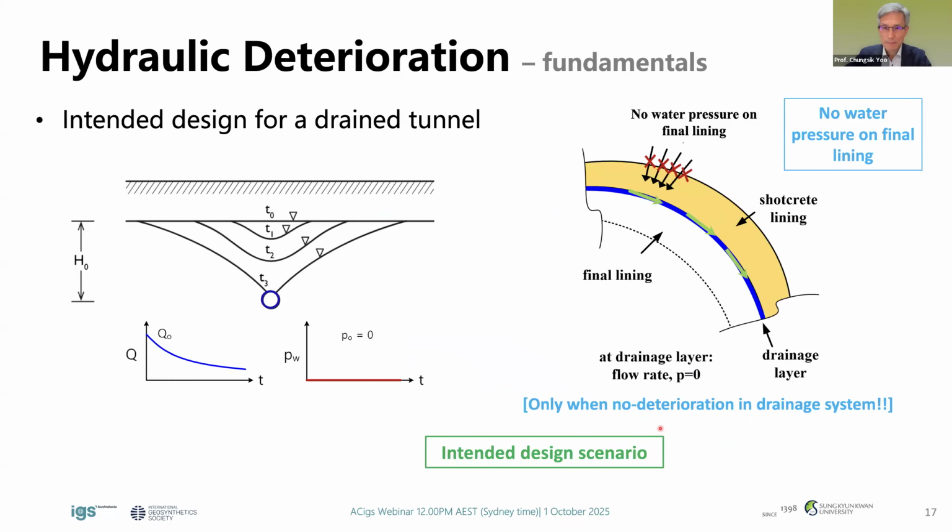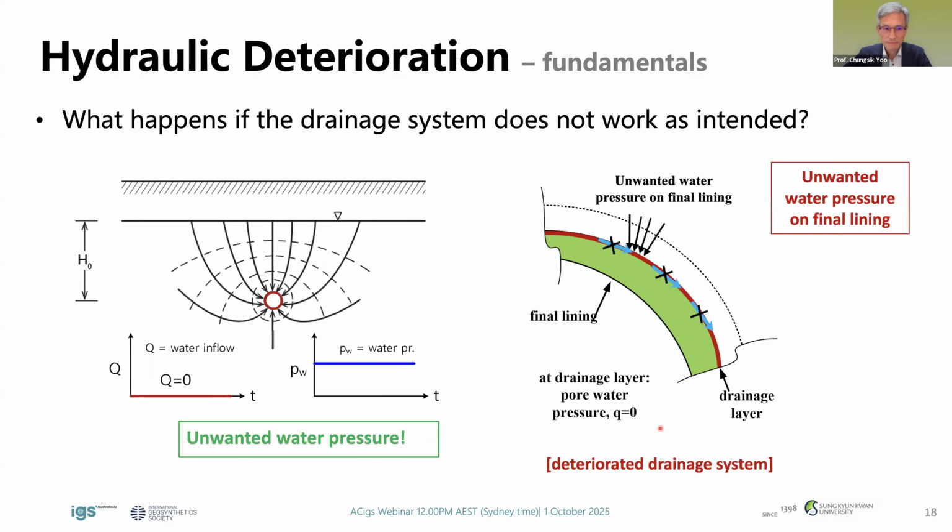So to wrap up, this is the intended design scenario for a drained tunnel: there is supposed to be no water pressure acting on it. When the drainage layer deteriorates, it becomes a partially drained or undrained tunnel.